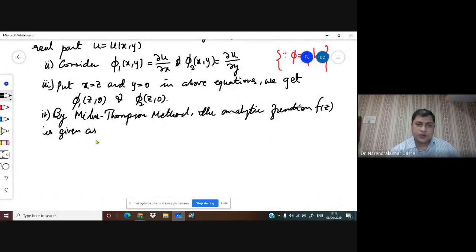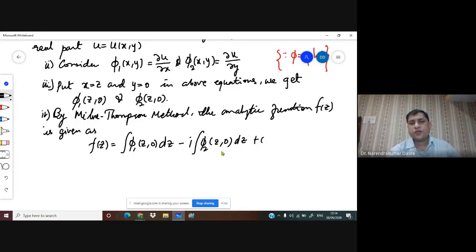Please be careful with the formula, and always write the formula before you calculate. f of z is equal to the integral of phi1 of z,0 dz minus i times the integral of phi2 of z,0 dz plus c, where c is the constant of integration. You must mention that c is the constant of integration because these are integrals without limits, independent integrals.